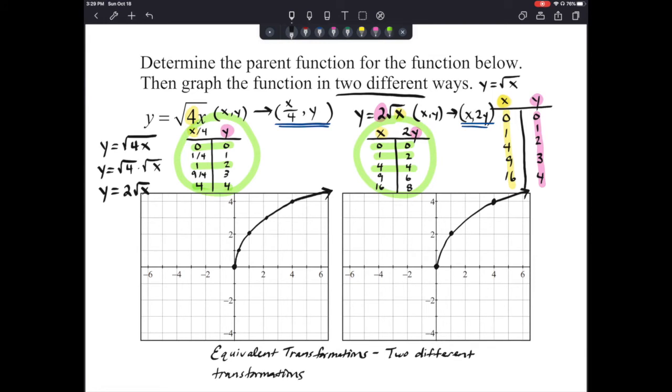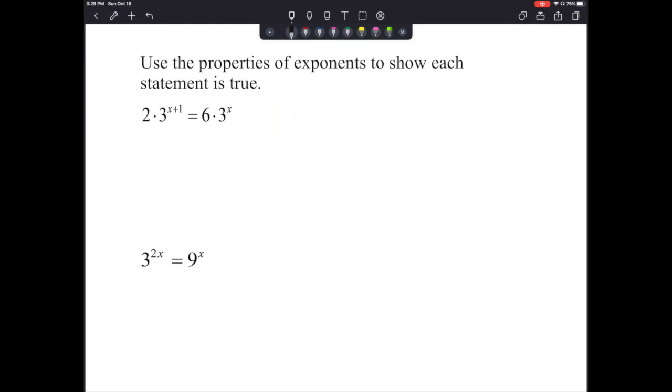So again, two different transformations that result in the same graph. All right, let's move on.